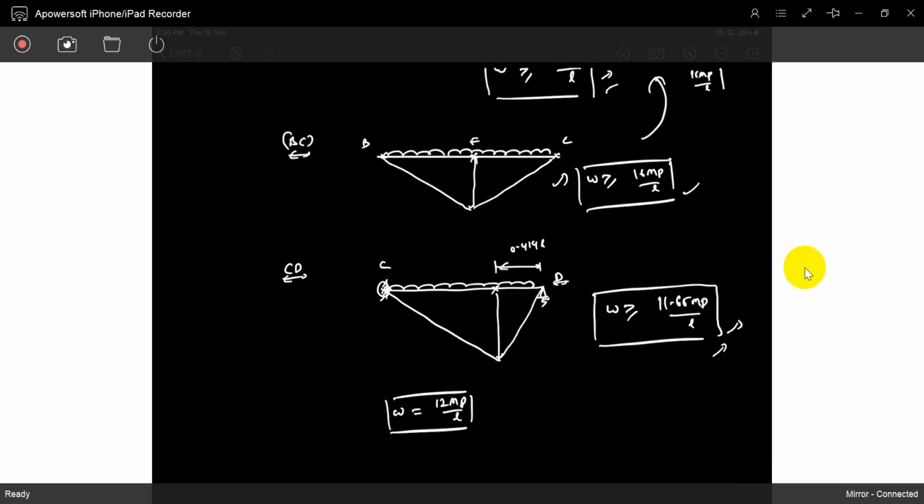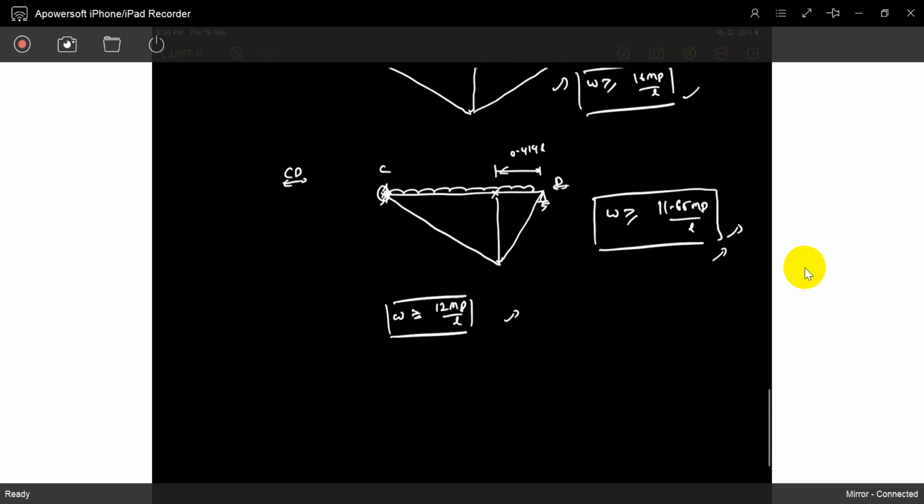But CD goes to failure. Once the structure has collapsed, everything is collapsed, so we have to allow the minimum load. So the collapse load for this entire continuous beam is 11.65 MP by L only.